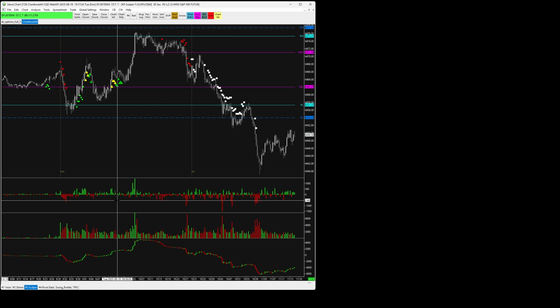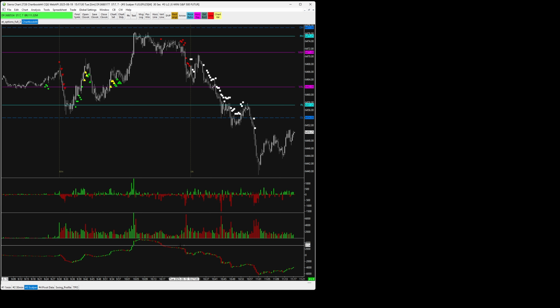And these are some standard bid and ask delta bars, and then cumulative delta in a lower panel and the volume, and reference points like overnight high, previous low, previous high. This is a 30-second chart.